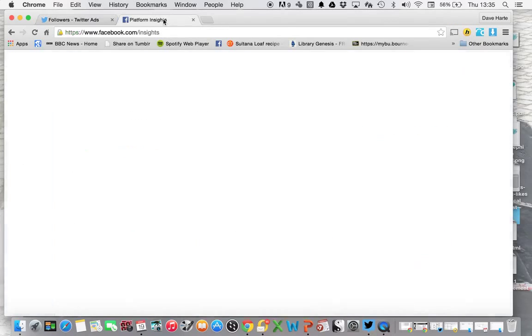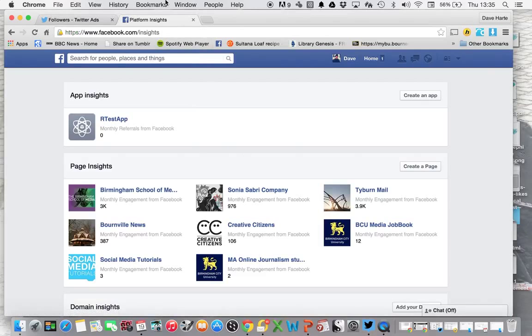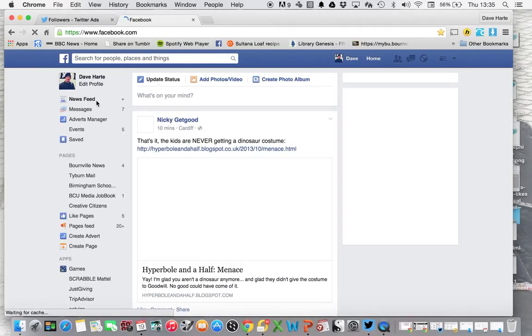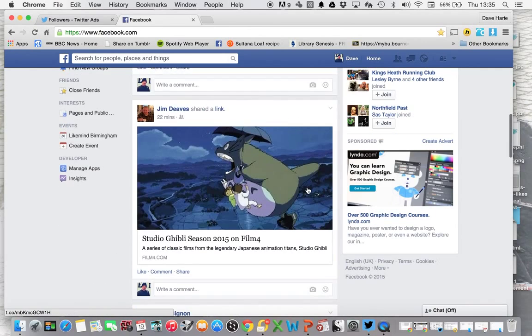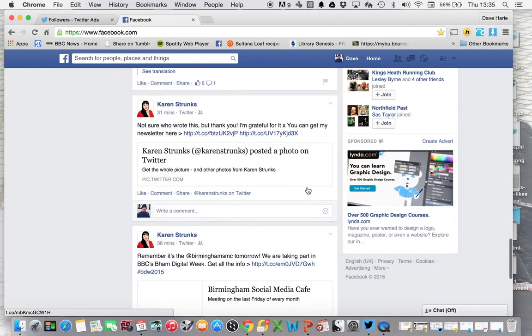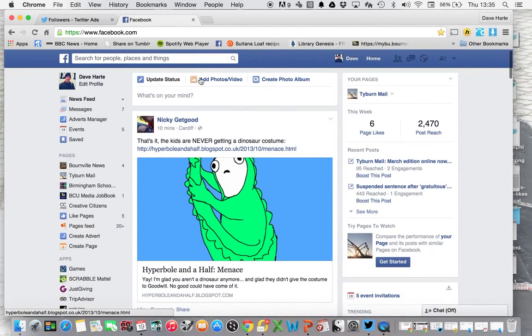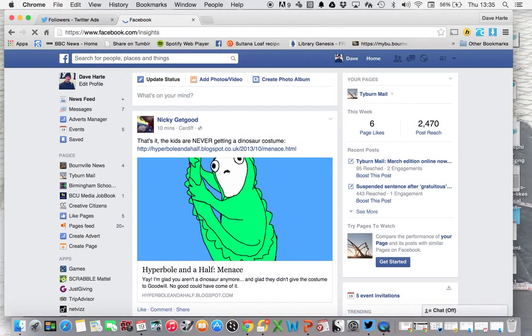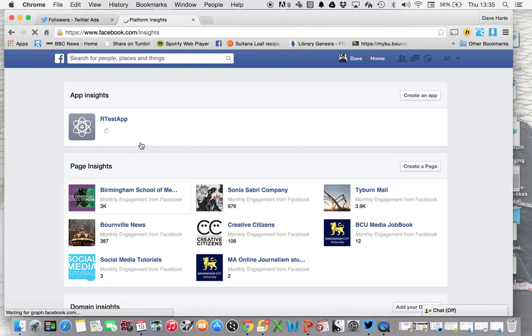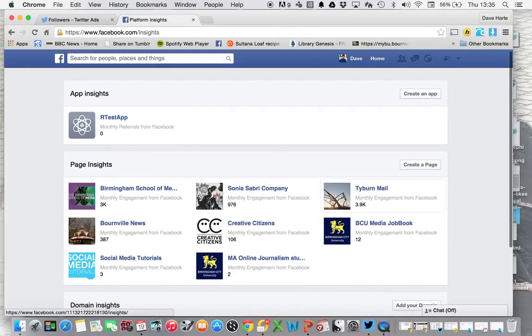Let's have a look at the Facebook dashboard. So here, I'll just go back, and so this is me on Facebook. This is my stream of news. Okay, it's my news feed, various people on there. And if we go to /insights, it shows me that I can look at insights for all the pages that I run.